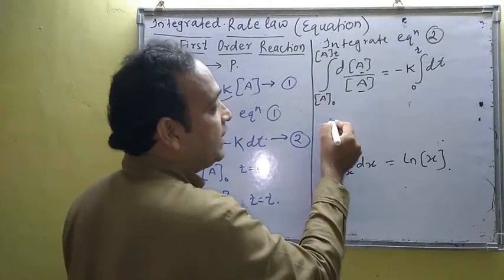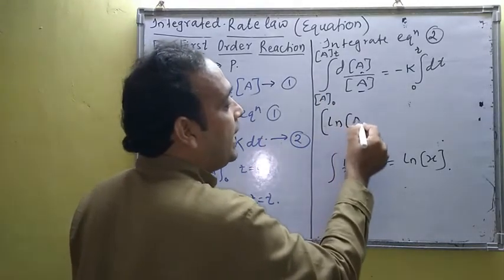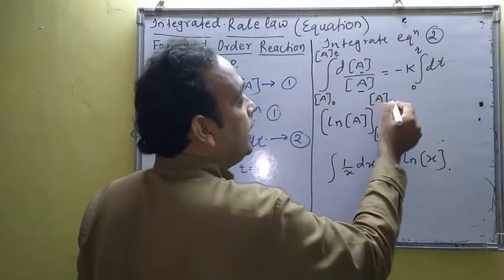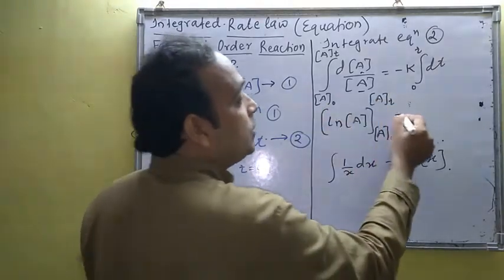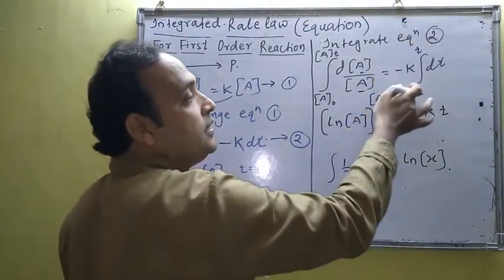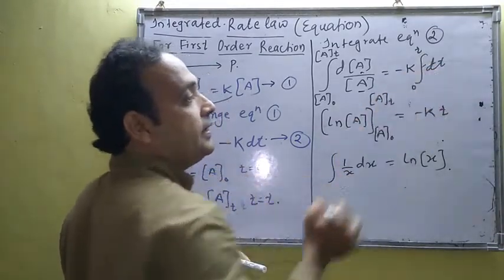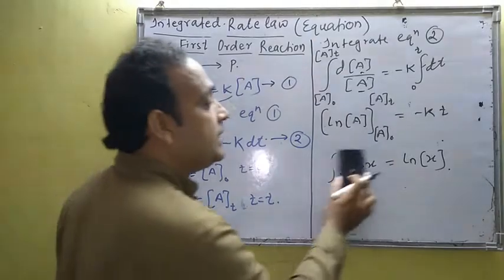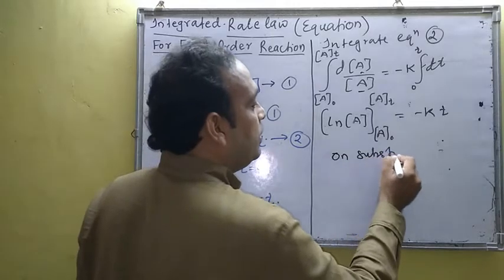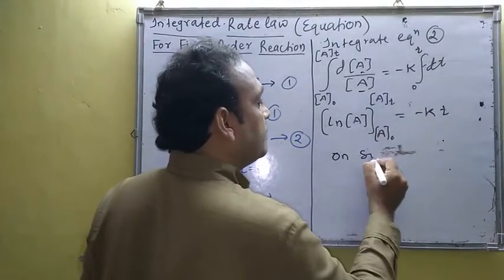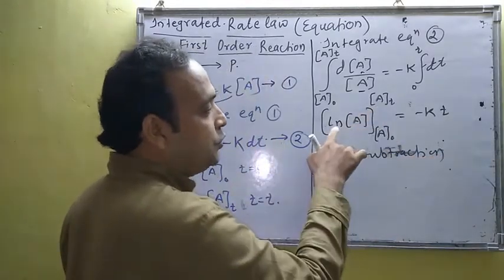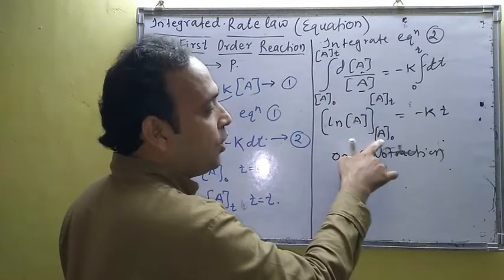So on simplification we can write natural log of A, upper limit At and lower limit A0, is equal to minus k, variable is t, because t is equal to 0, this derivative integration gets cancelled. Now on subtraction we get natural log of upper limit minus natural log of lower limit.